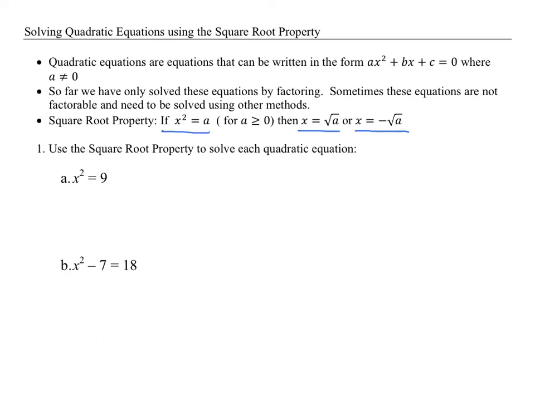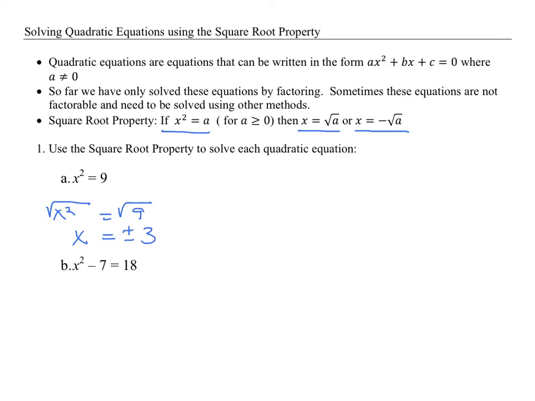I'm going to take the square root of both sides. And you did this back in the day when you solved right triangles using the Pythagorean theorem. Square root of 9 is plus or minus 3. And square root of x squared is x. I'm saying that loosely.